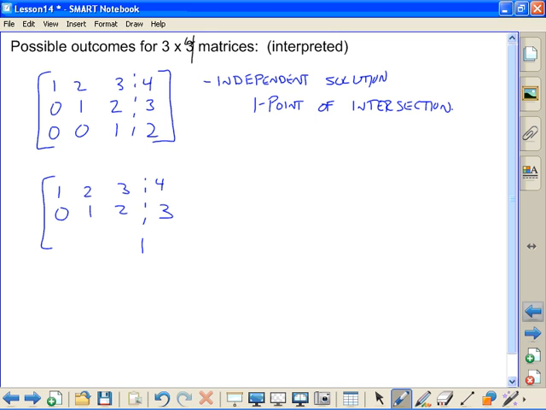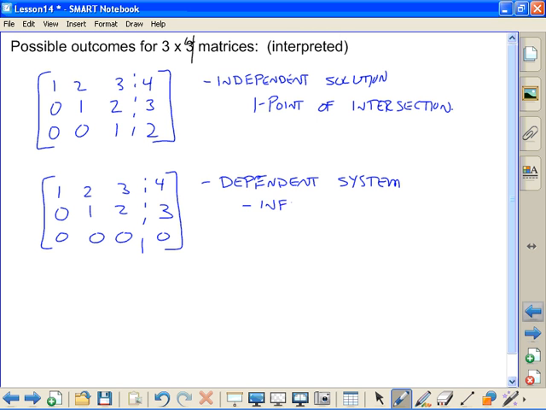The second possible outcome could look like this. Which one do I want to do? Let's do all zeros. And that row of zeros doesn't have to be the bottom row. It could be the middle row as well. So they could be interchanged. So this is a dependent solution, or dependent system. Dependent system. Okay.